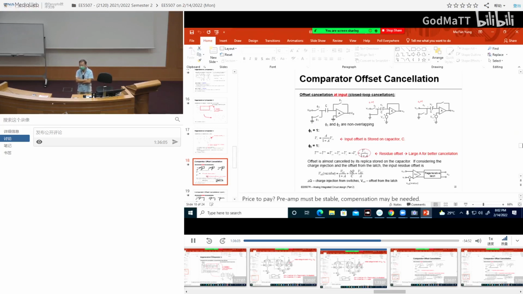Okay, so for example, in a SAR ADC, depending on the number of bits, the more bits means that the LSB voltage is smaller and smaller. That means your comparator must be able to compare smaller and smaller differences. If you have an 8-bit SAR ADC or a 10-bit SAR ADC, the performance of your comparator becomes very important.